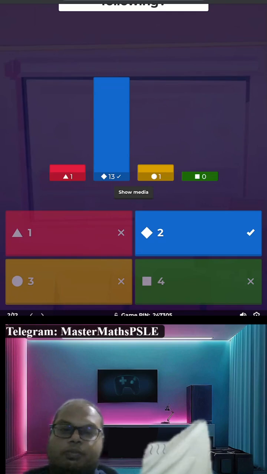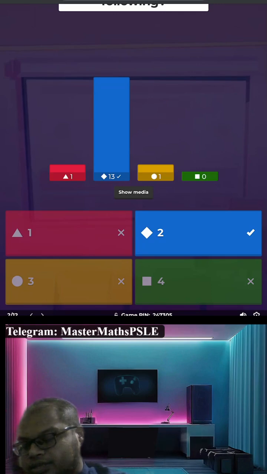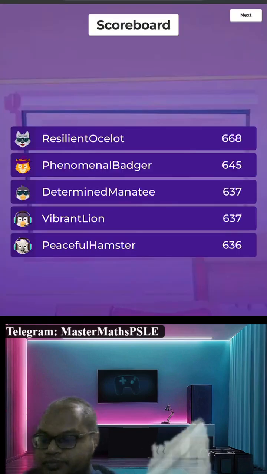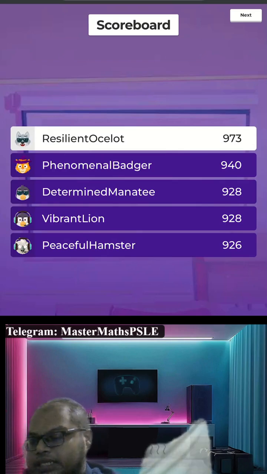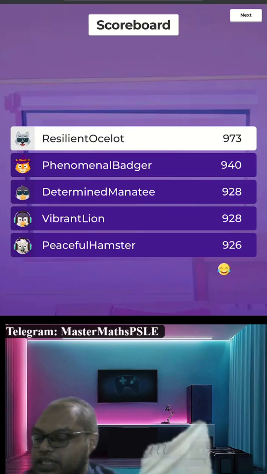Okay, very good. Most of you selected number 2. Very good, resilient ocelot, with the highest point so far. Then we got the phenomenal badger, 940.